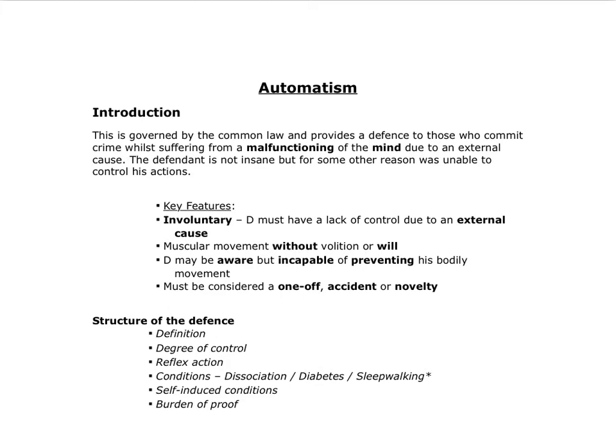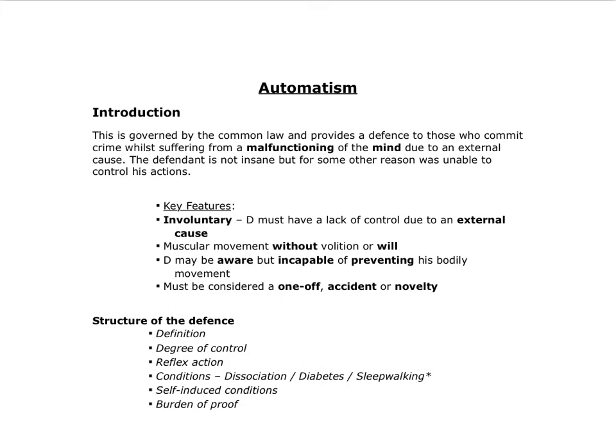So that's the same as insanity, some seizure, some difference in the workings of the mind. However, this has to be due to an external cause. The defendant this time is not insane, so there is no internal matter which triggered the malfunctioning, but there is some other reason why D was unable to control his actions at the time of the crime.